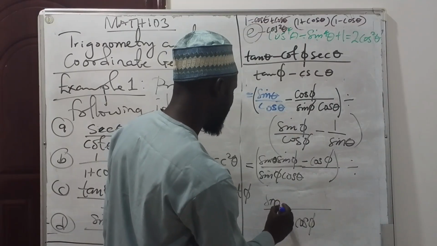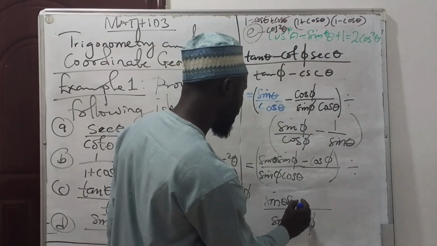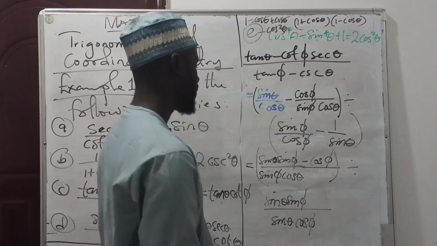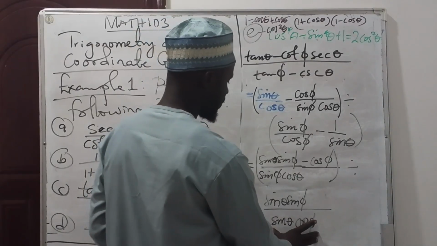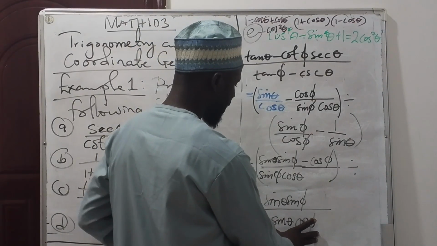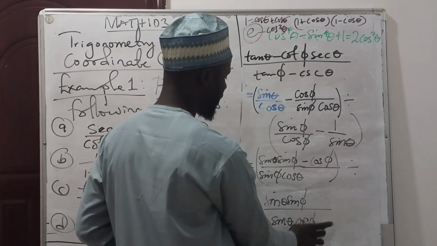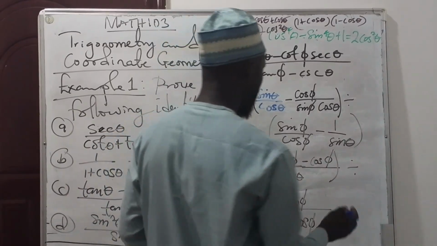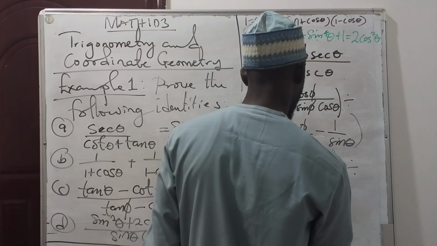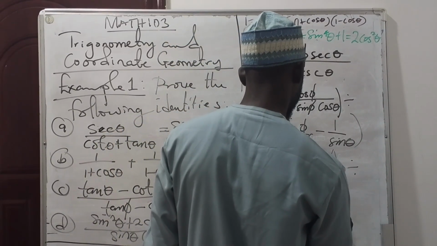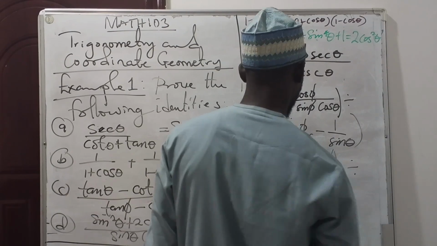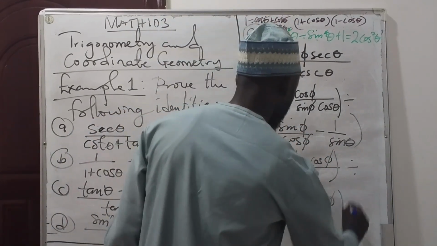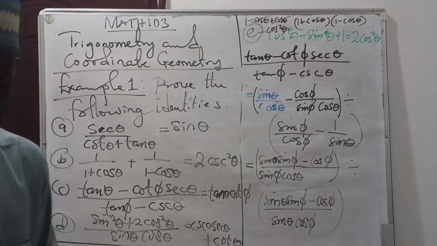So you have sine theta sine phi for this. Take the LCM, which is sine theta cos phi. Divide by sine theta, you have cos phi times 1. So the answer is minus cos phi. So this as the denominator.